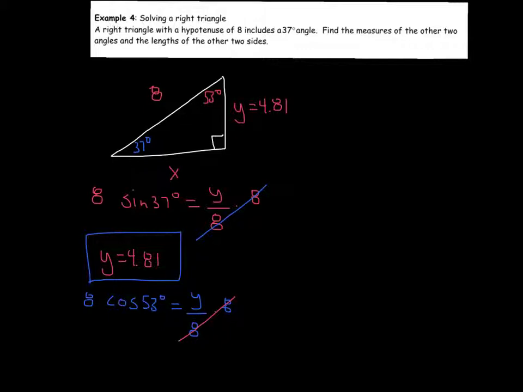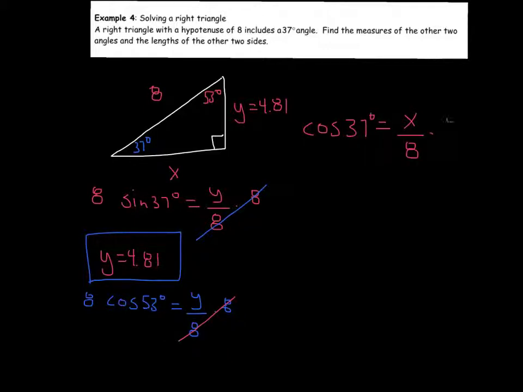Well, let's look at it. x is the adjacent side to 37, so I'm going to use cosine. You could use tangent here. You could use sine. There are different things you could use. You may want to do that as an example. So I'm going to say cosine of 37 degrees is equal to the adjacent side, which is x, over the hypotenuse, which is 8.